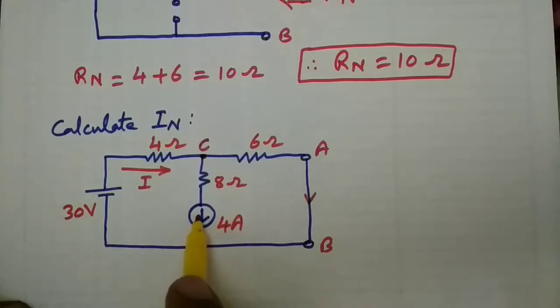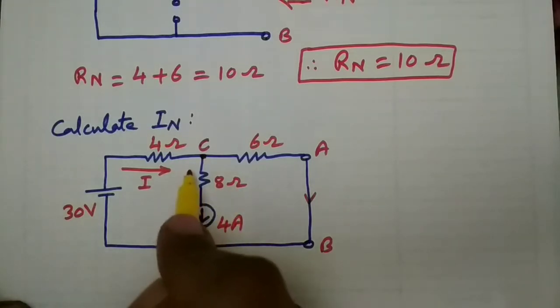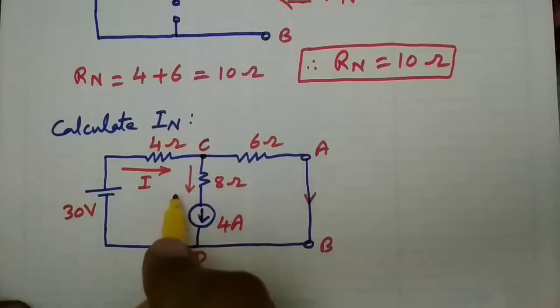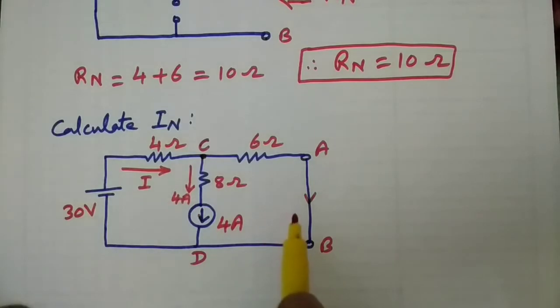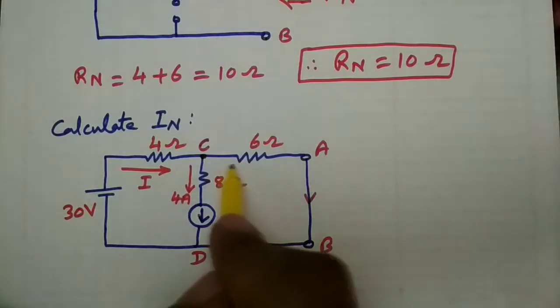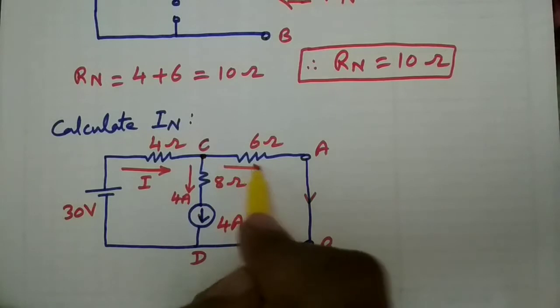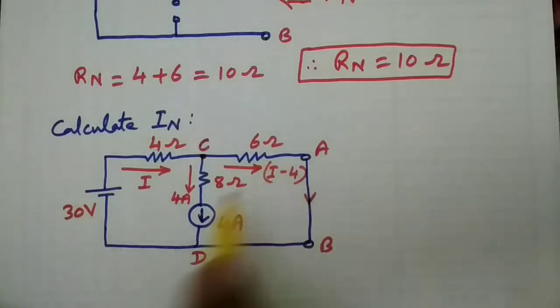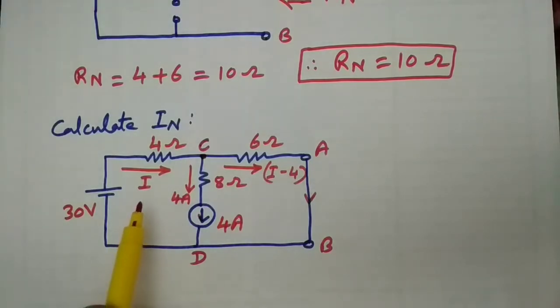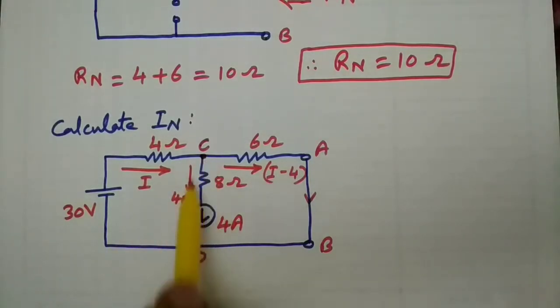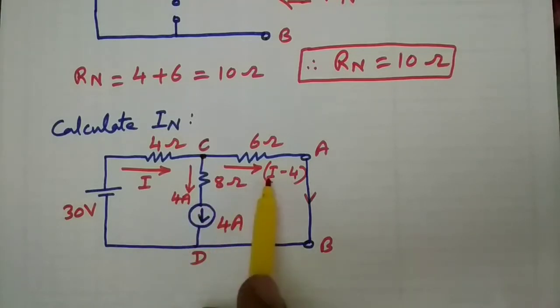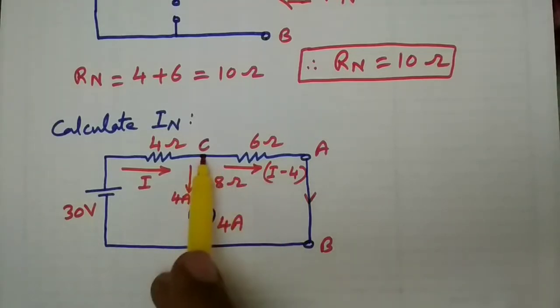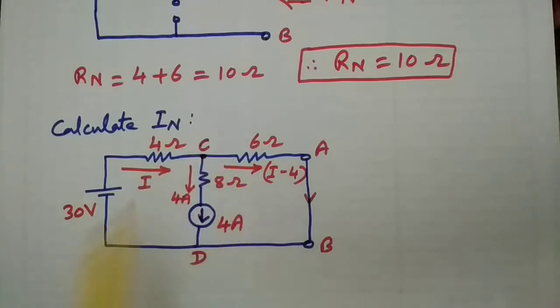If we consider the direction of the current source, then the 4 ampere current will be outgoing from node C. Therefore, if we apply the KCL, then the current through the 6 ohm can be written as I minus 4. So I is the incoming current for node C, 4 ampere is the outgoing current, and I minus 4 is also the outgoing current from node C. So if we apply the KCL here, it satisfies the relation.